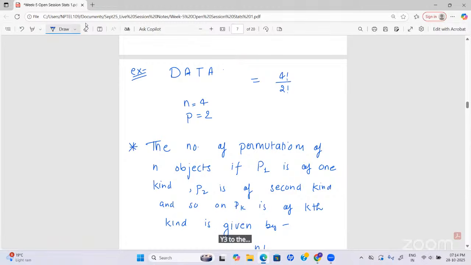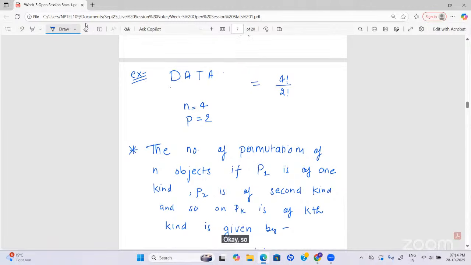No, 3 to the power 4, I guess. So we want to make a letter where 4 alphabets are there. In how many ways can we do this if repetition is allowed?